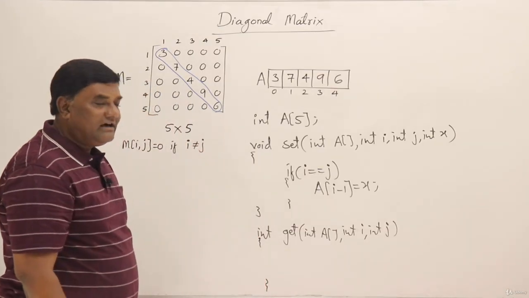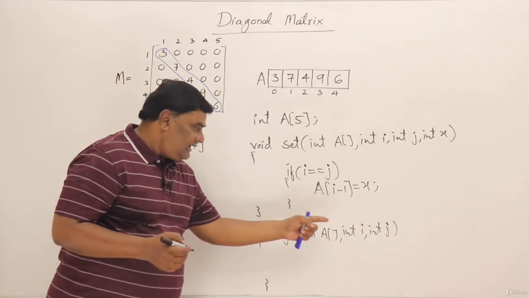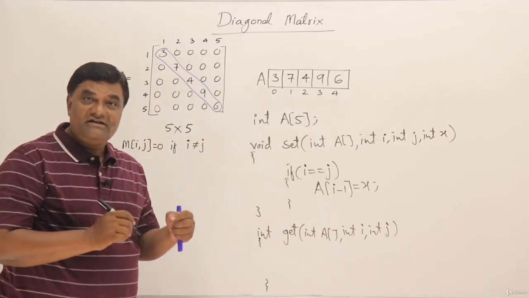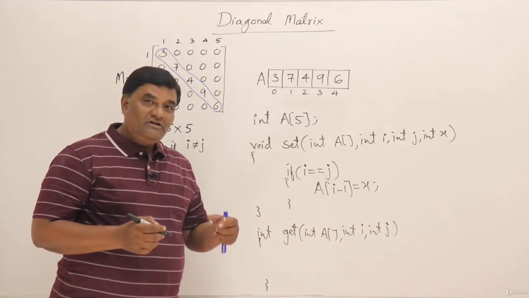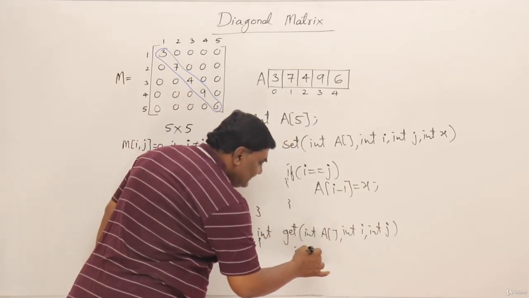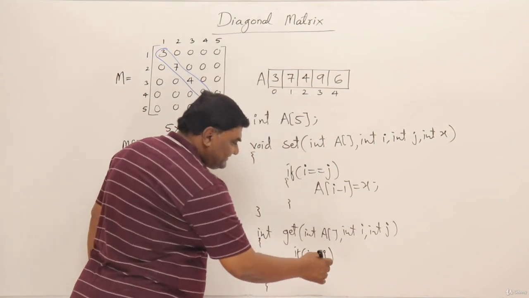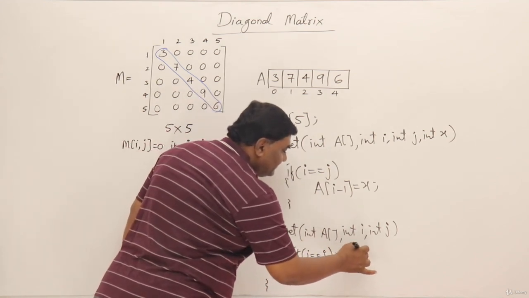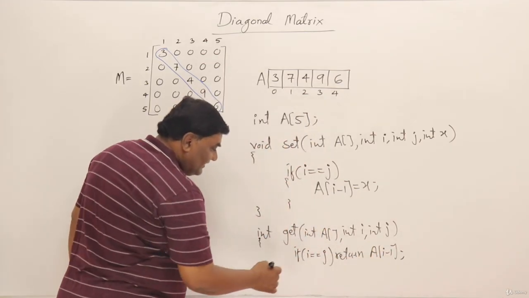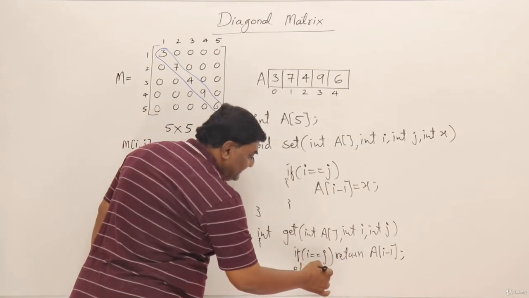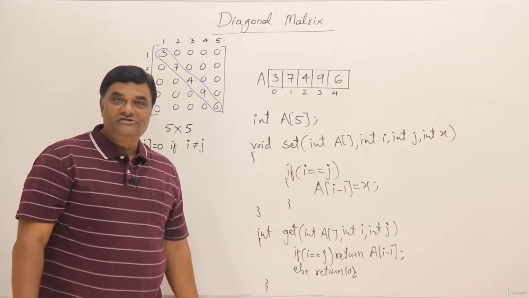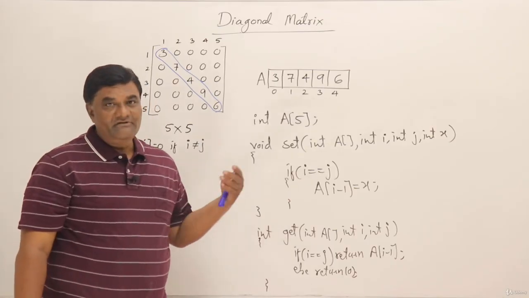Inside this, first it should check whether I and j are equal or not, because we have elements only for I equal to j, that is the diagonal. So check if I is equal to j. If it is equal, then return A of I minus 1. It is at the same place where I have stored it. Otherwise, if it is not equal, then definitely the element is 0. So return 0.